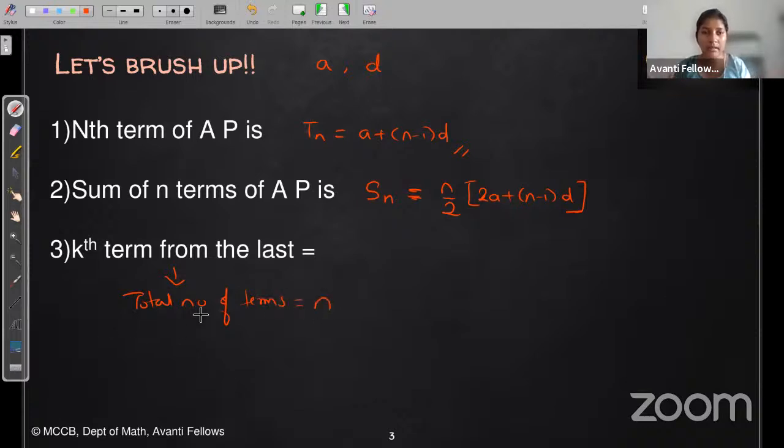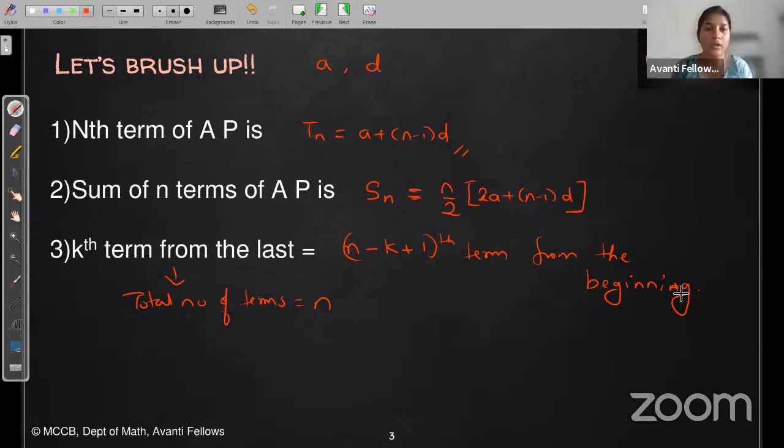If from the last it is the kth term, then from the beginning its position will be the n minus k plus 1 term. So these are a few things that we learned in our previous class.